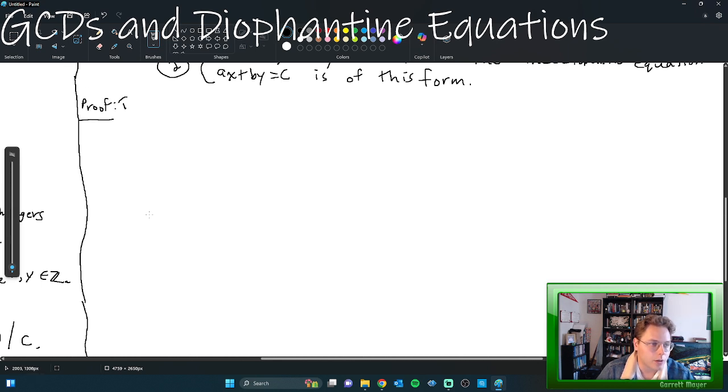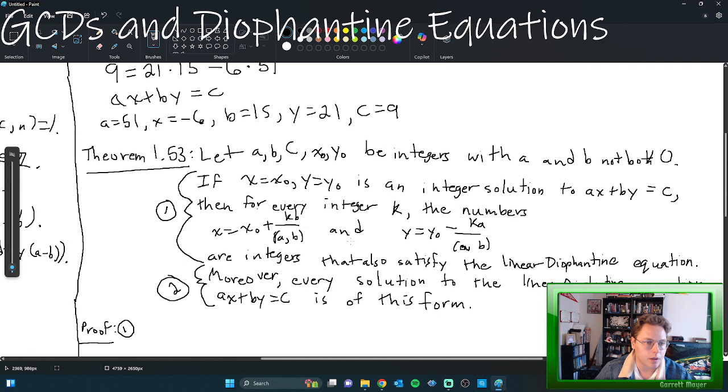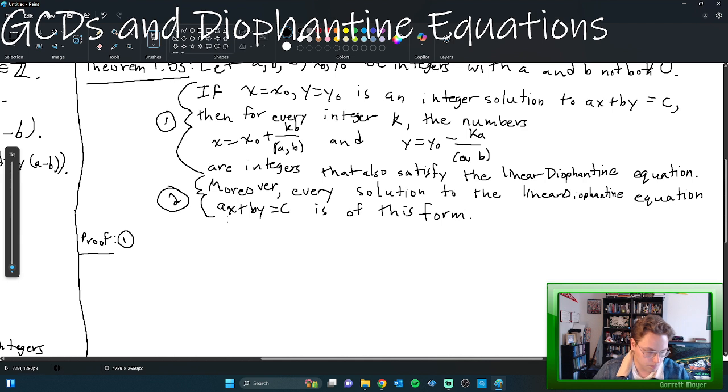So for the first part, we're just going to prove that this gives us a solution. All we're going to do is basically plug in this formula and see that it still gives us c. I'm going to write this as one continuous proof, but I'm going to number it 1 and 2 just so you can follow where we're at in the proof.